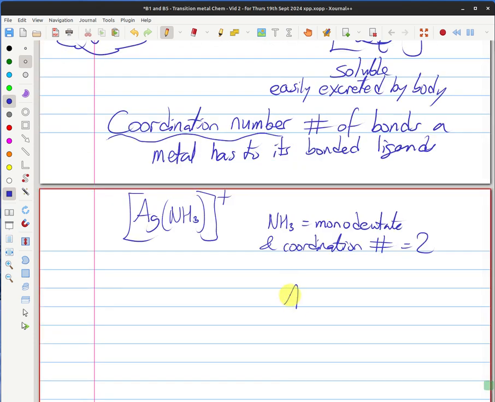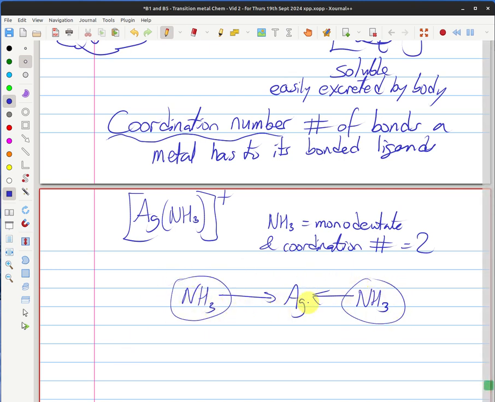Why is it 2? Because remember, it has one bond to each NH3, and there are 2 of those bonds in total. So a monodentate ligand is present, but 2 bonds in total are formed.